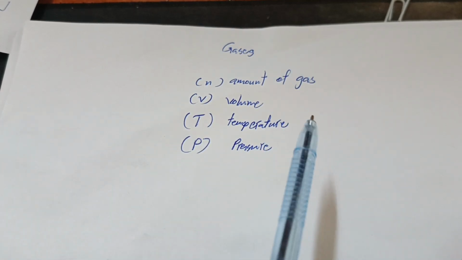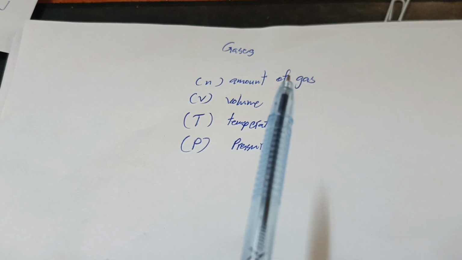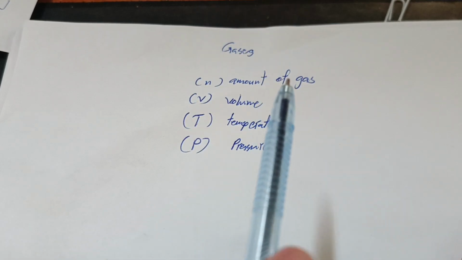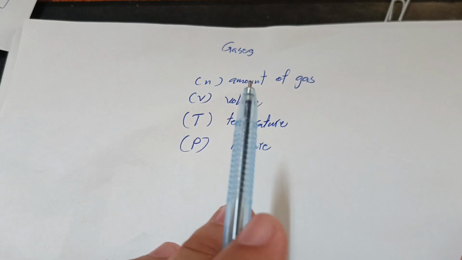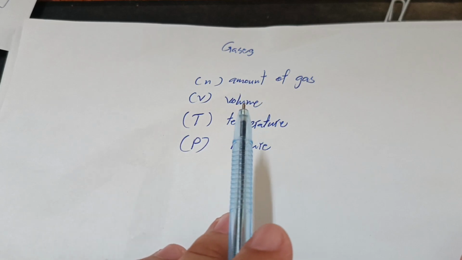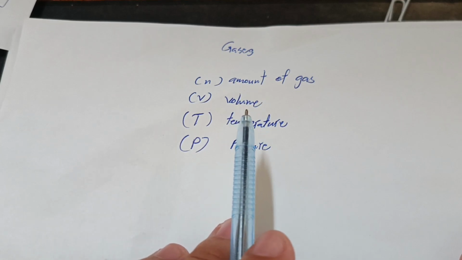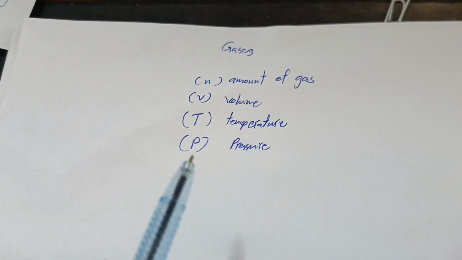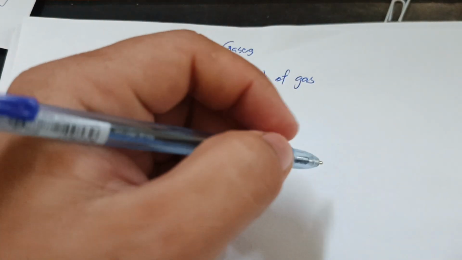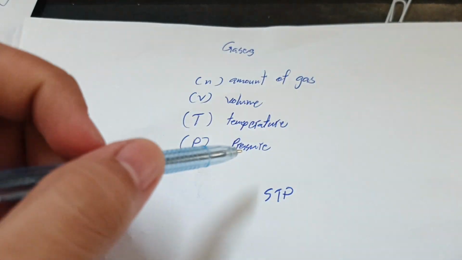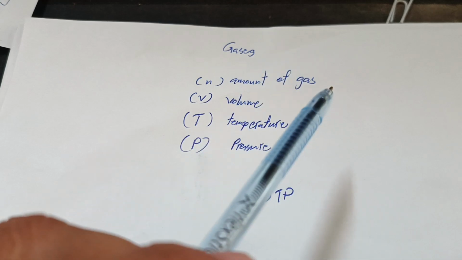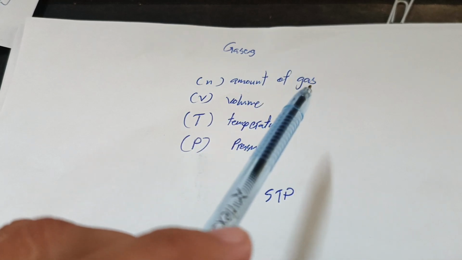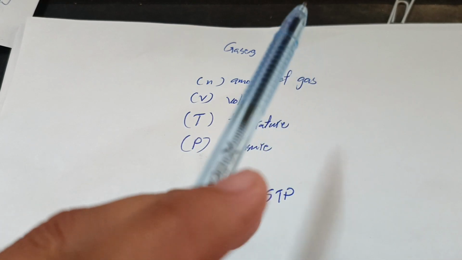For example, the air around us exerts a pressure which we call atmospheric pressure, and at 0 degrees Celsius and 1 atmosphere, these are designated as the standard temperature and pressure, which we call STP.